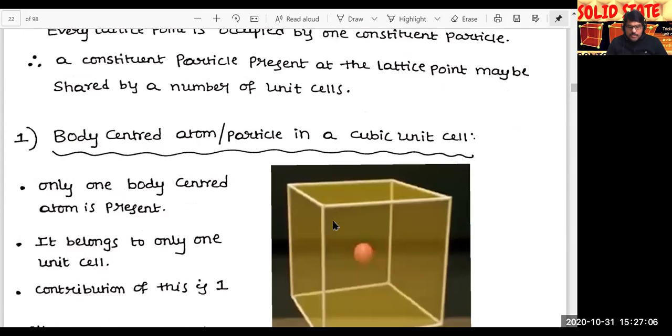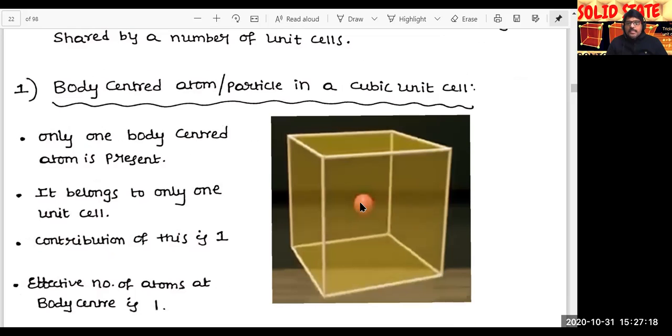First, let us try to define a body-centered atom. How many body centers are present and what is the nature? Very clear: the particle is present at the center of the unit cell. This is not in contact with other unit cells.